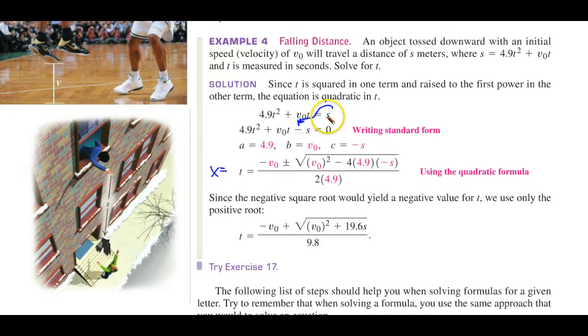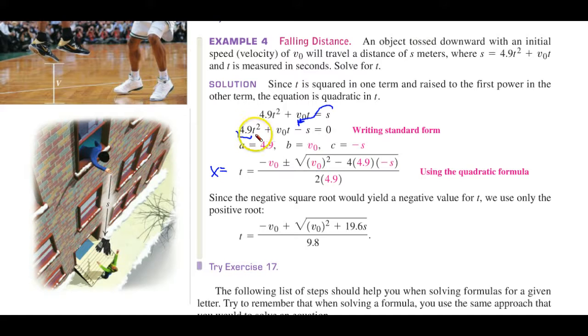So we have to transpose that s over to this side, and it becomes a negative s, and we have to be careful about how to put this v sub o in. Again, I'm not sure how they're going to do that in math lab, but anyway, what is our a now that it's in standard form?